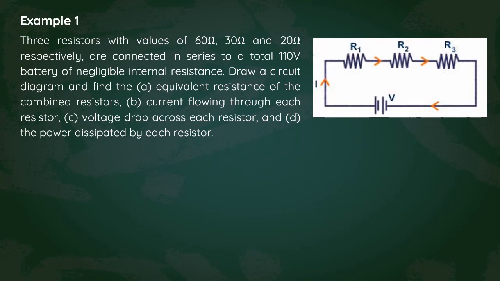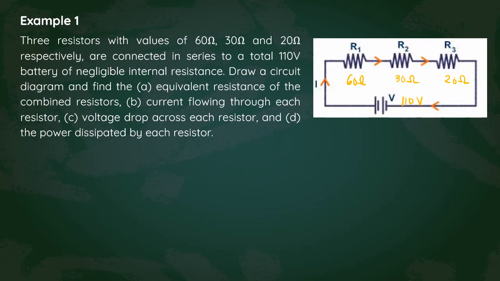3 resistors with values of 60 ohms, 30 ohms, and 20 ohms respectively, connected in series with a battery of 110 volts with negligible resistance, meaning we do not factor in the internal resistance of the battery.